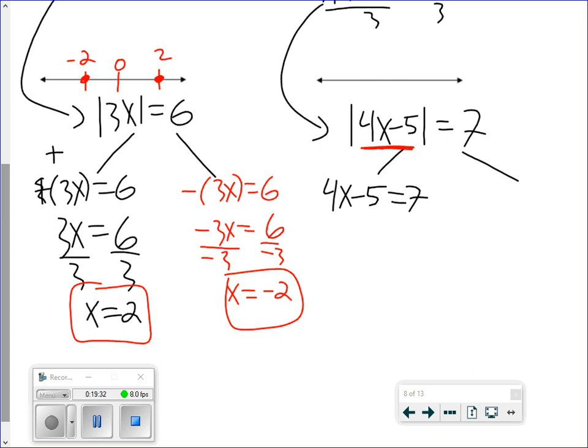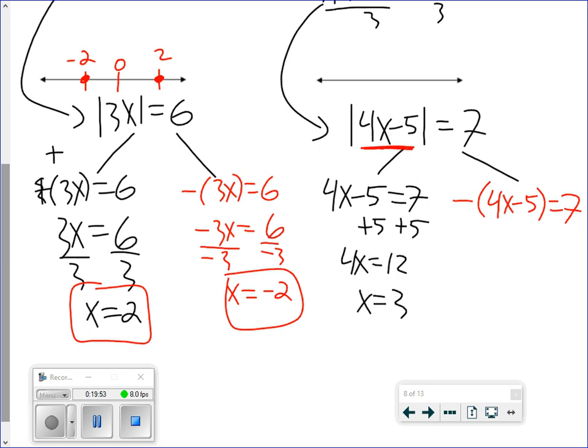That's why we put the parentheses and we say negative of 4x minus 5 equals 7. So we're going to go ahead and solve the left side, the positive side first. Add 5. 4x equals 12. x equals 3. That's one solution.